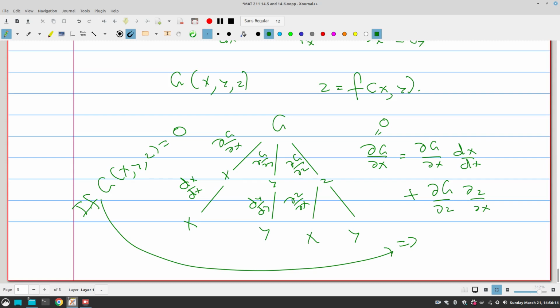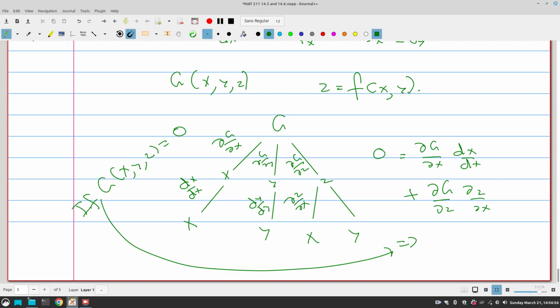Since this is equal to 1, actually this should not be written as a partial derivative. If this is 0, then this is going to be 0, right? So what we're doing is essentially taking the derivative of both sides with respect to x. You have g(x, y, z) on one side and 0 on the other, and this is what you end up with.